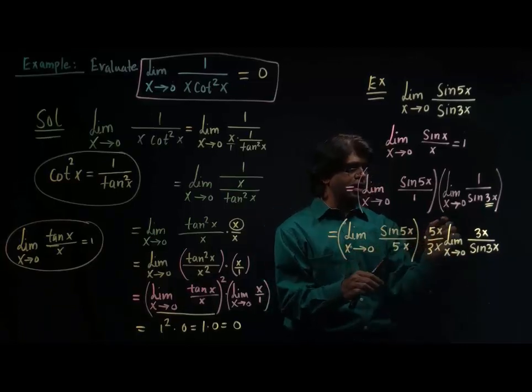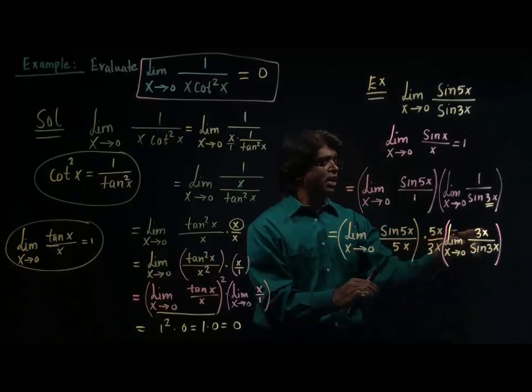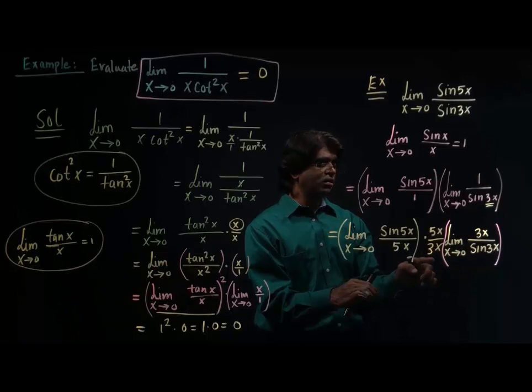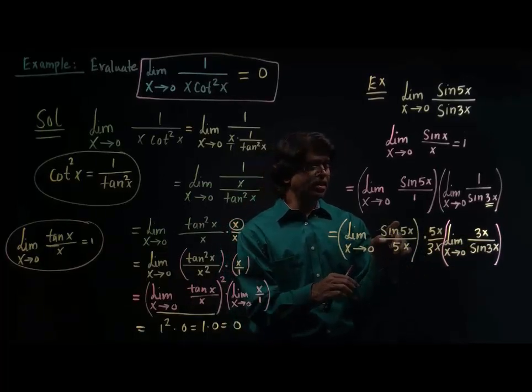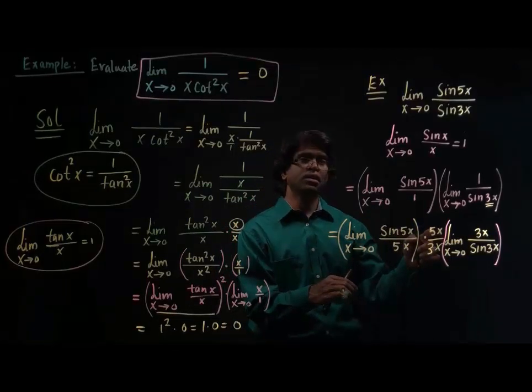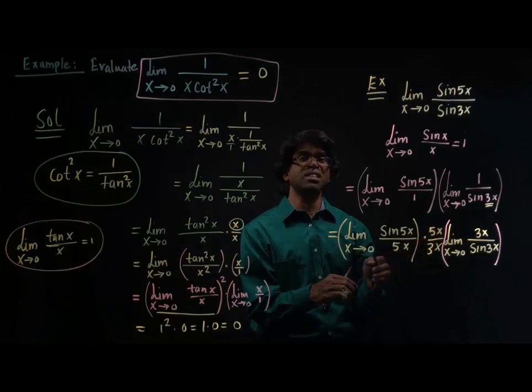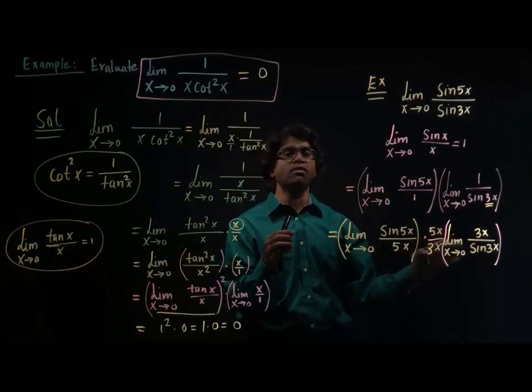So basically, what did I do? I multiplied 3x over here with the second term, then I did divide by 3x. And in the same way, I divide this expression by 5x, so I multiplied the expression by 5x. So basically, in a way, I did not change the overall value of the expression, right?